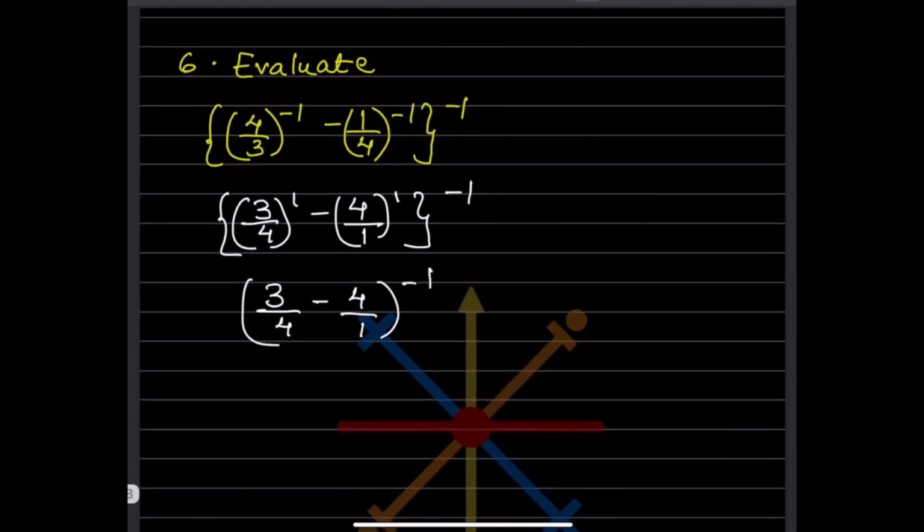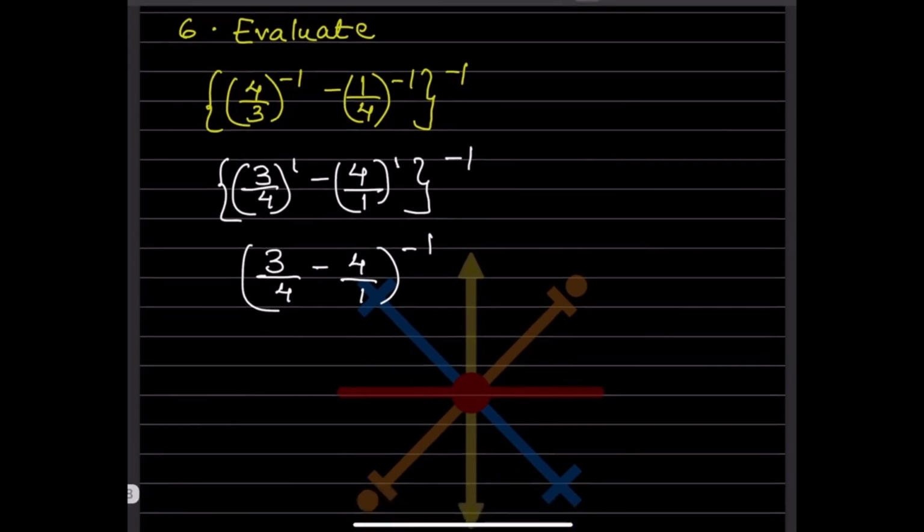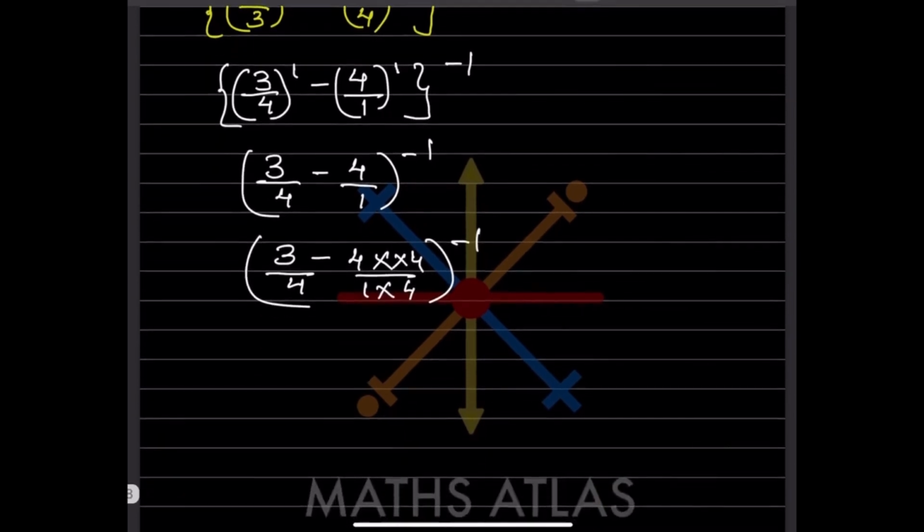So now first thing you will look for is the bracket; first we are not going to solve that negative one. So what you can see here is that the LCM is 4. So what you can write here, 3 by 4 minus 16 by 4, raised to minus 1.